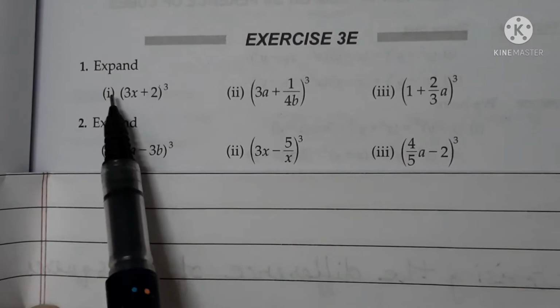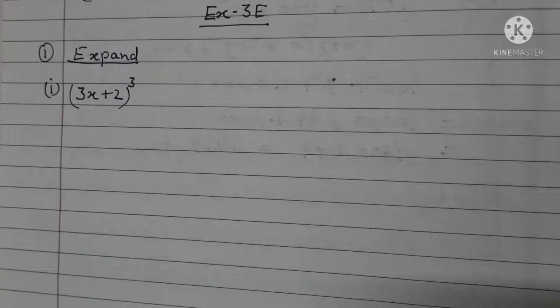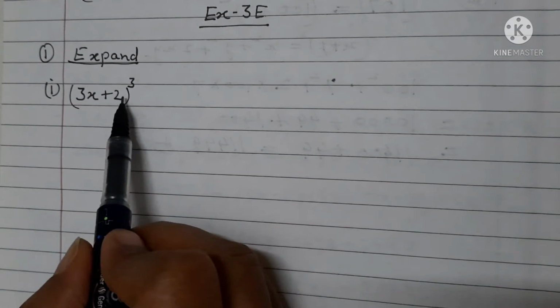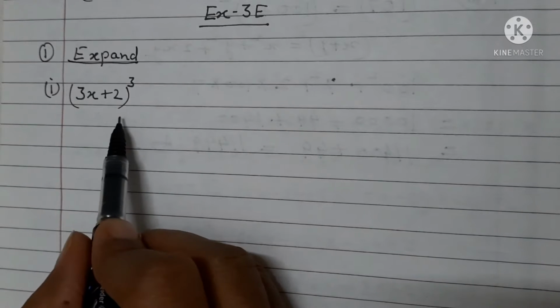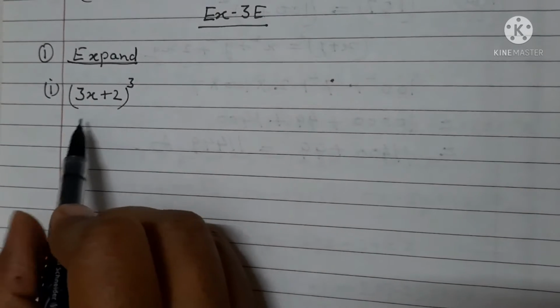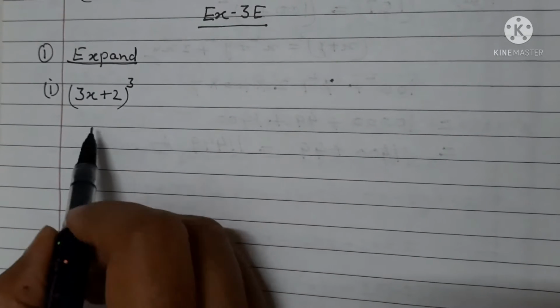So first question, expand (3x + 2)³. This question is given in the form of x, and we have learned the formula in terms of x, so we will change the terms. In place of x and y will be a and b.